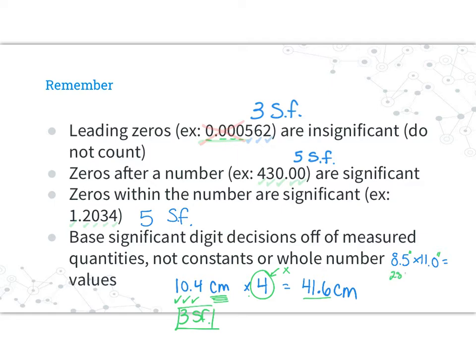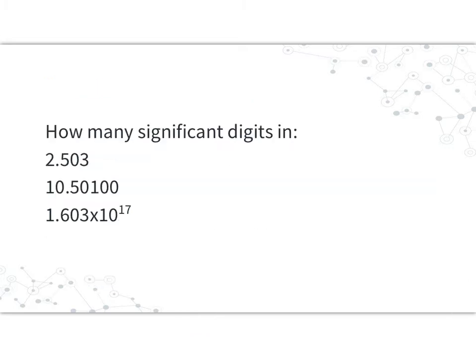This one has 2 significant figures. 11.0 has 3 significant figures because remember, once I start counting, I count to the very end of a number, including all of those last bit of zeros. So when I multiply this together, whatever you get, I don't have my calculator right in front of me. How many significant digits should our final answer have? Well, 2. We're going to follow those rules, which we are going to learn right now.